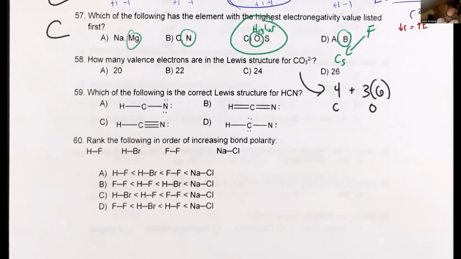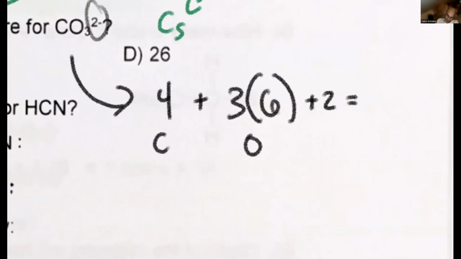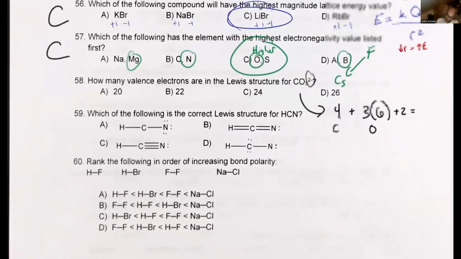And then I have a charge of plus 2 electrons, because of that little charge there. So 12, 18, 24. So 24 electrons for this. Yeah, 28 electrons for this. And that should be trigonal planar too, by the way, if you wanted to make that.